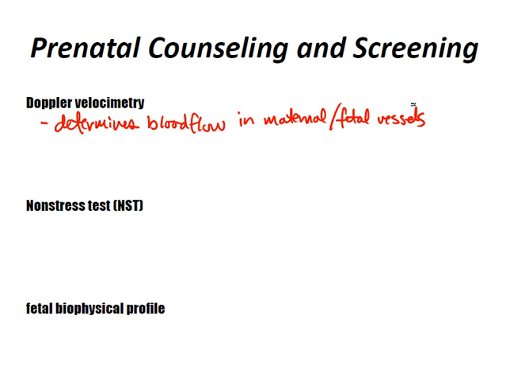Now, blood flow through the uterine, umbilical, and middle cerebral artery of the fetus are particularly important indicators of what? Fetal health. Uterine, umbilical, and middle cerebral, right? All right, very good. Ultrasound is used to detect structural abnormalities of the fetus.